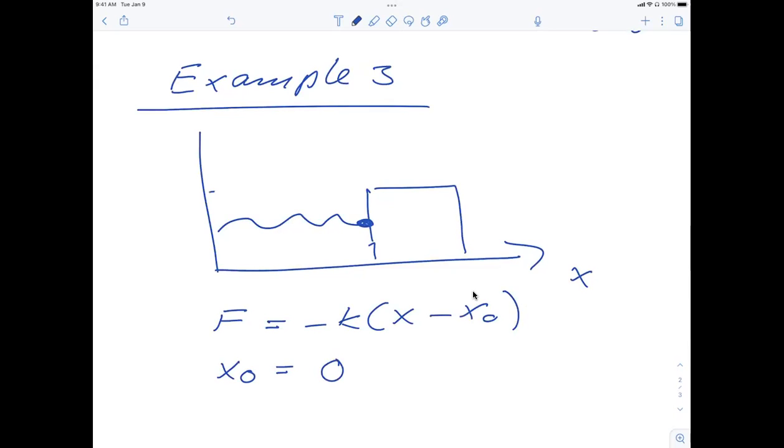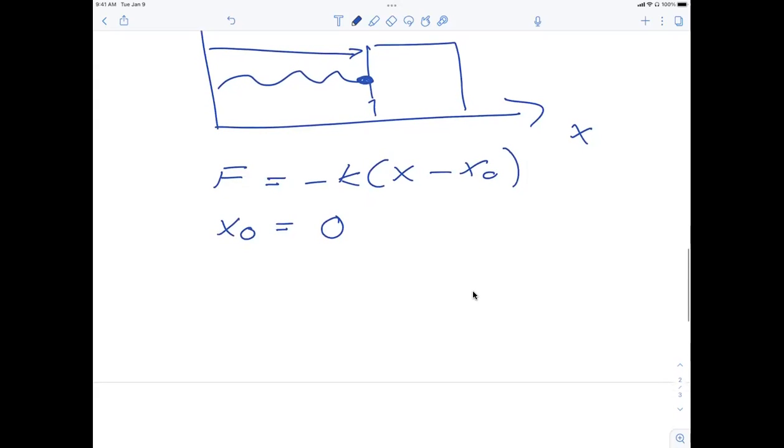So you could think of x0 as being at the position where this object is at rest. But since you are the one who can choose the origin, you would typically set this x0 to 0, because that often simplifies life. So the force which you have, and now we're still in 1 dimension, you can easily extend this to 2 and more dimensions.